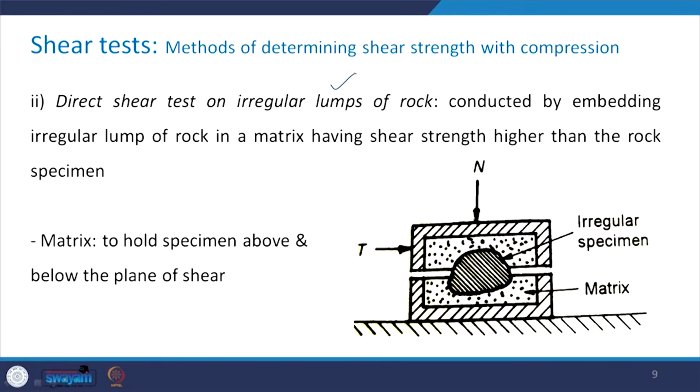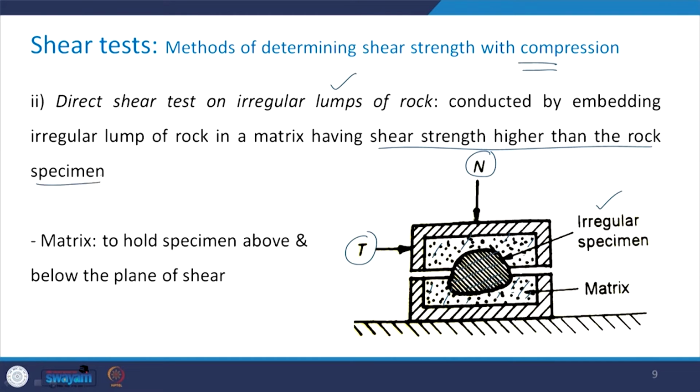Look at this figure. See, this is the matrix material, and the irregular rock specimen, that is this one, is held there in this matrix. The normal load is applied, and then you apply the shear force and try to shear this irregular specimen. Now, why should this condition be true?